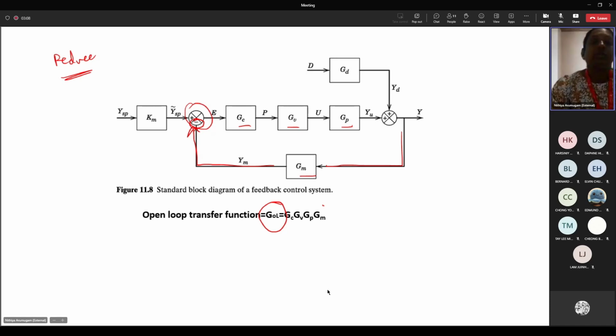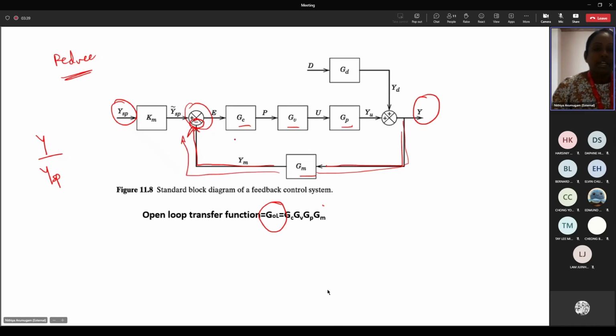Looking at this, we also have the set point and the output, so basically we can calculate Y over Ysp from this case. The Y here is the controlled variable, so we need to control this by getting the signal from the transmitter.